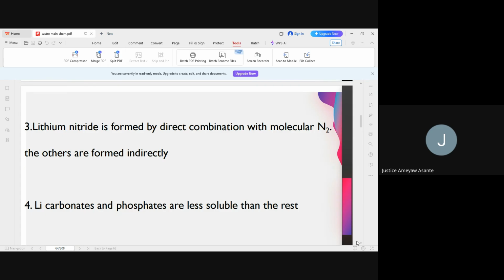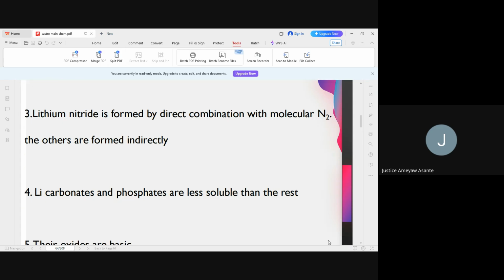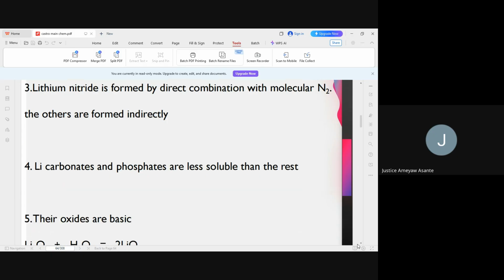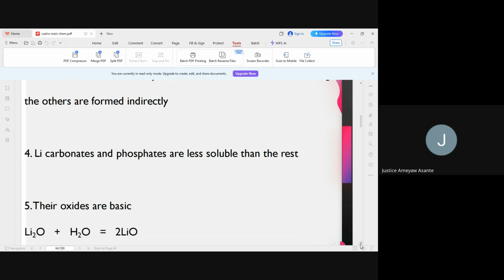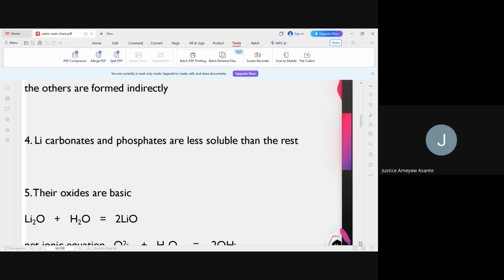Then its carbonates are less soluble in water. But for all the other group 1 elements, their carbonates are soluble in water, like sodium carbonate and potassium carbonate. They are all soluble in water. But lithium carbonate and lithium phosphate are less soluble in water.